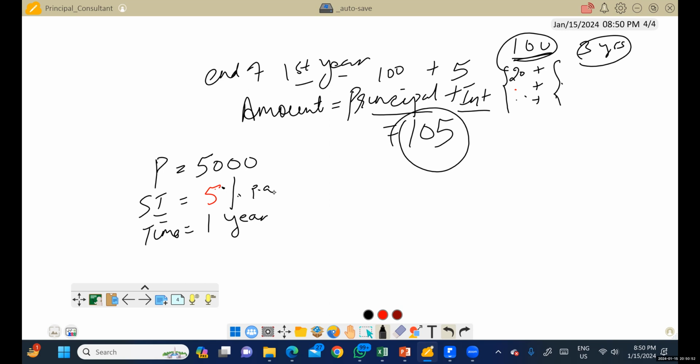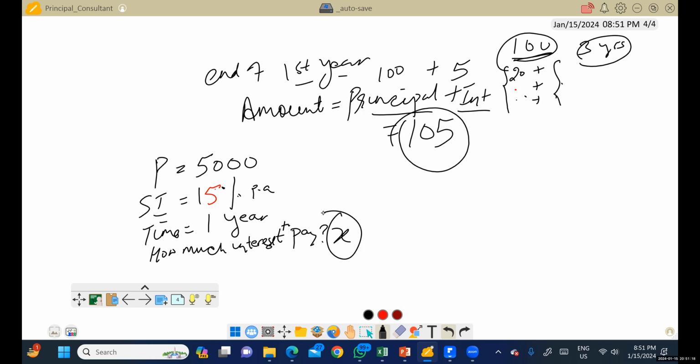So, sorry, 15%. The question is 15%. It says, how much interest will Anita pay? How much interest to pay? Which is my X. I have to find this X. This is what I have to find.